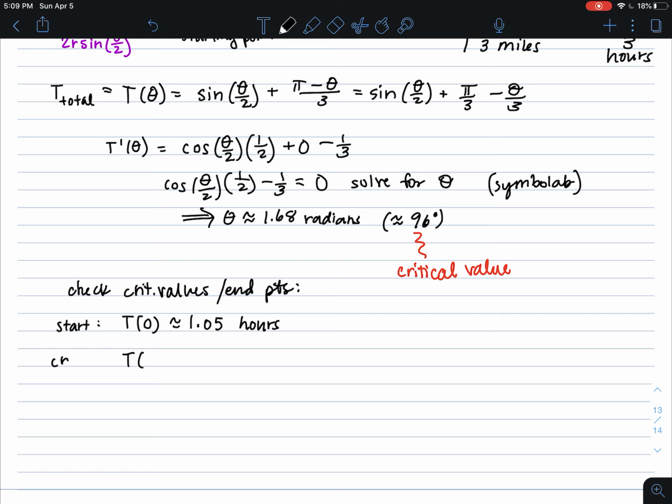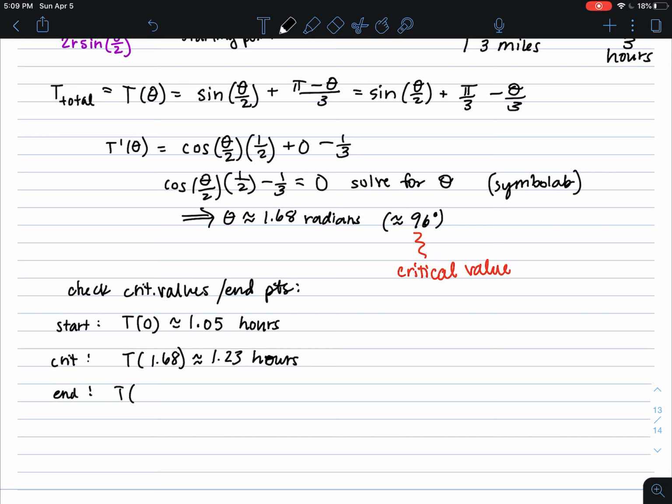Then we plug in our critical value, which was, where was it? 1.68 radians. And that gives us a time of 1.23 hours.